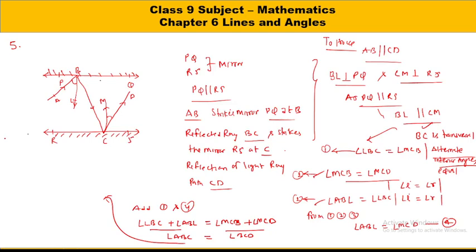These are angle ABC and angle BCD. These two angles are your alternate interior angles which are equal. So we can say that line AB is parallel to line CD.